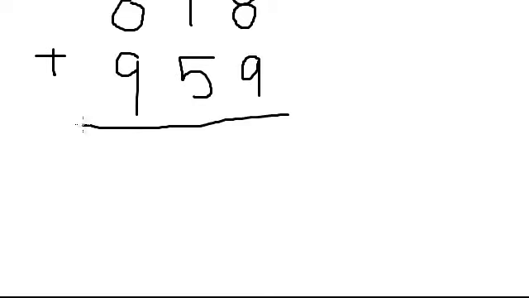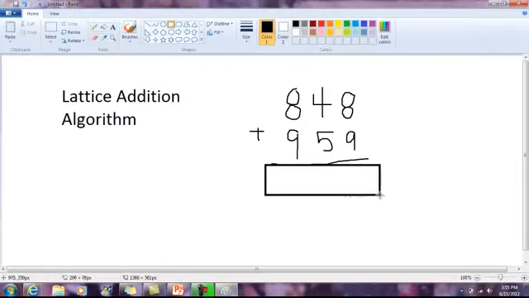And that is how you set up the problem. But what is different about this one, you are going to create a box down here where your answer will be. Since you have 3 columns of numbers, you're going to divide this box into 3 different parts. Then you're going to divide these 3 different parts in half, creating little triangles.